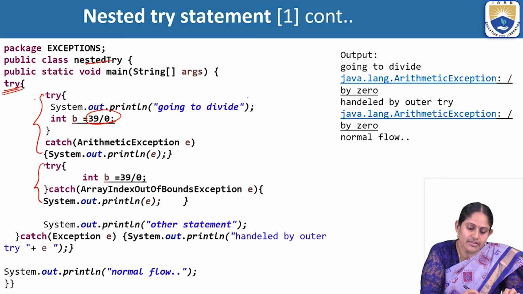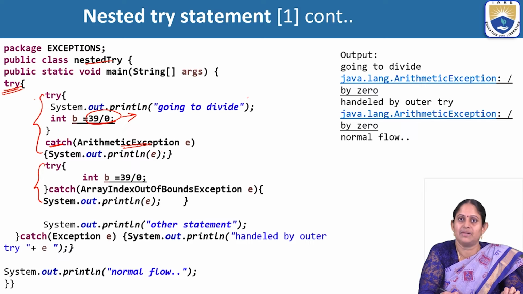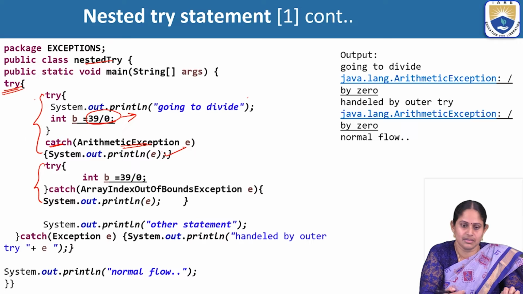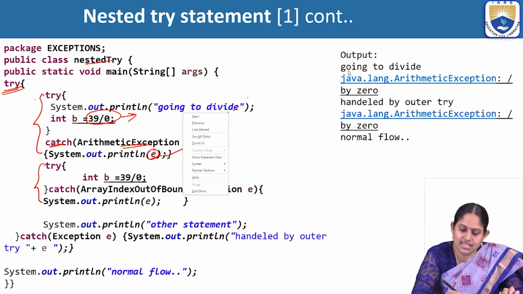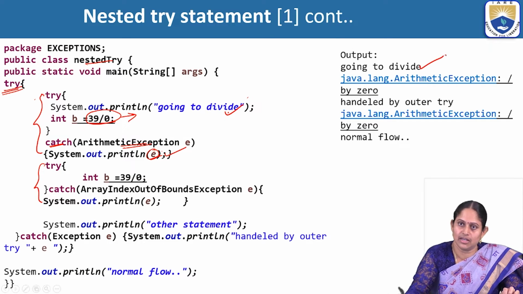So since it is dividing by 0, an exception object will be thrown at this point. The matching catch block is handling the arithmetic exception, so this statement will be executed. This is our going to divide statement, and we got it in the output.